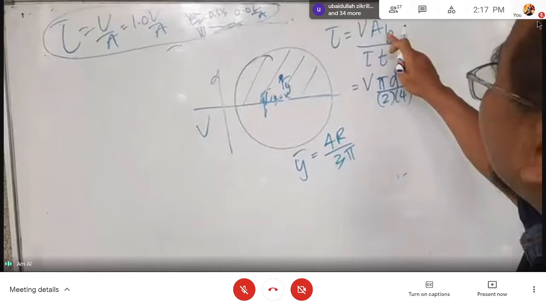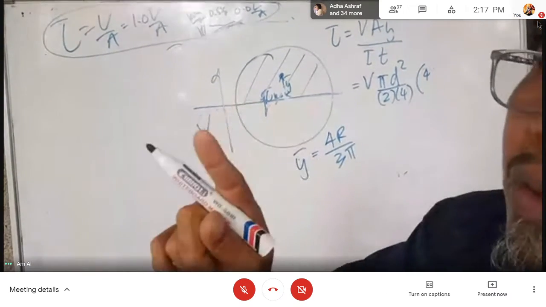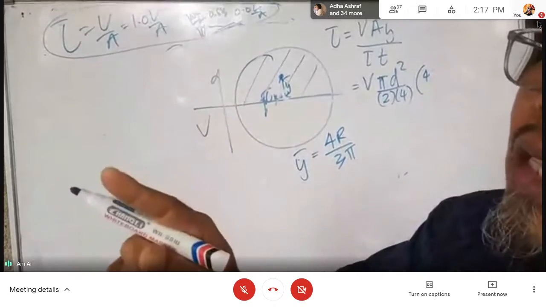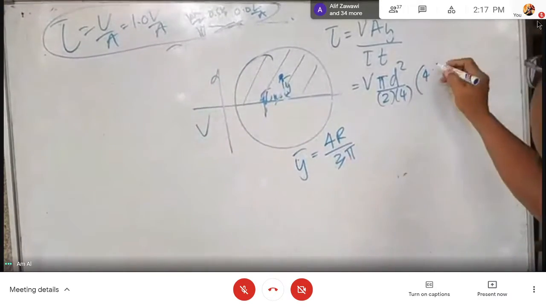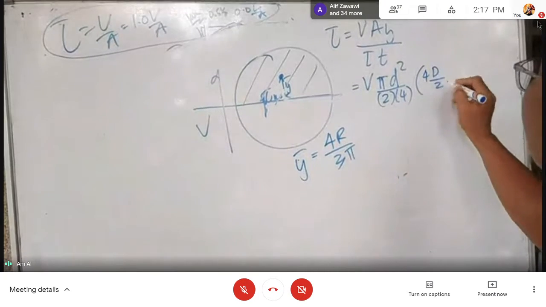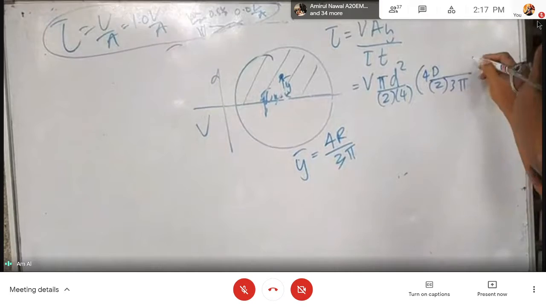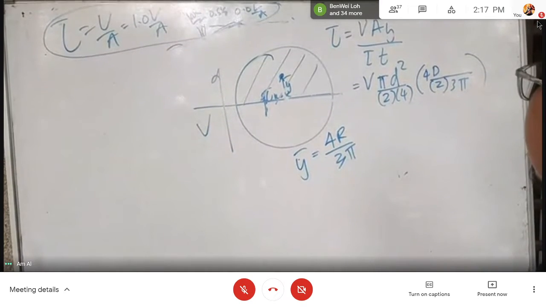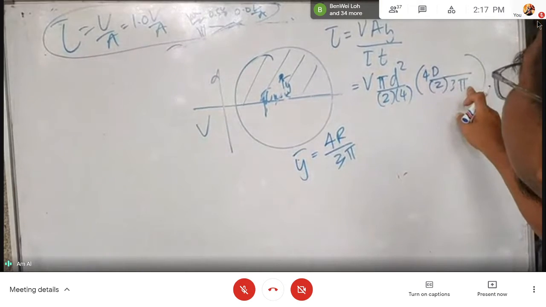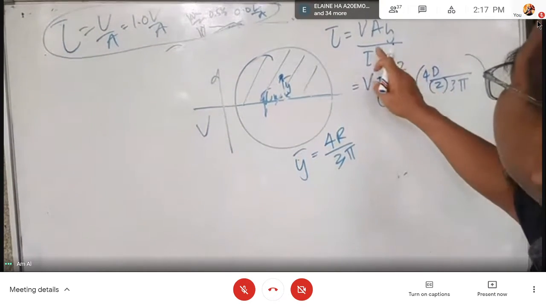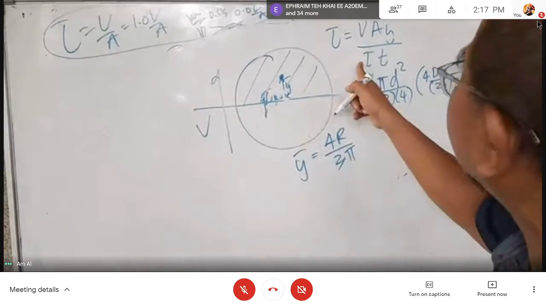So what is y bar there? 4R, R is diameter over 2, right? So diameter over 2, and then 3 pi at the bottom there. So that's your y bar. 4R over 3 pi. That is your area. That is your V. What is your I?